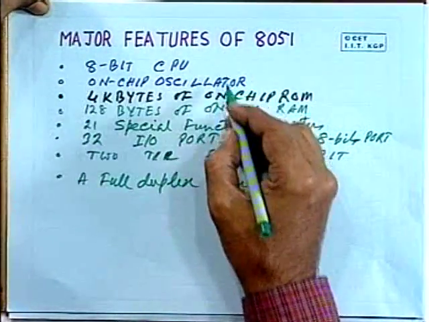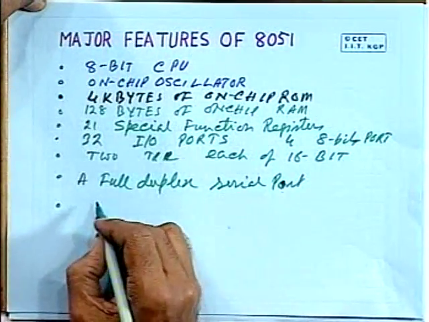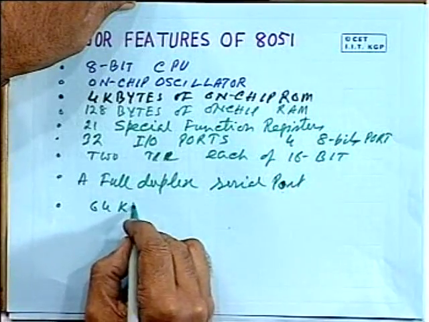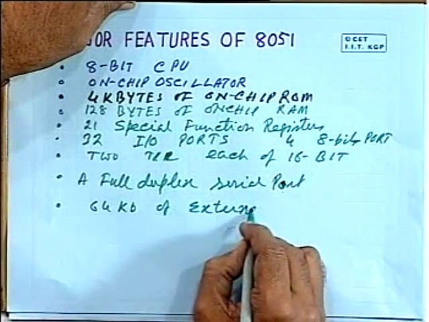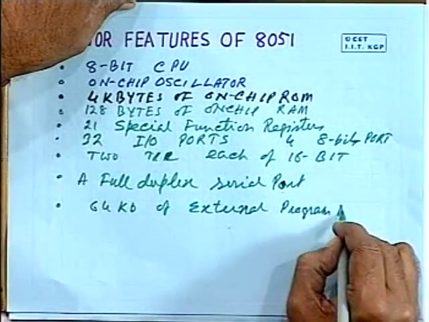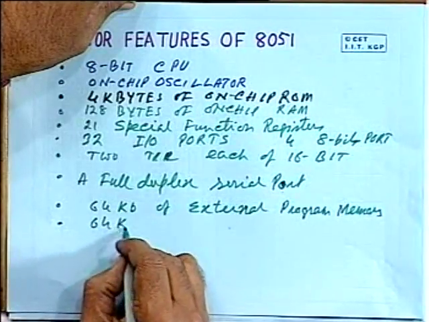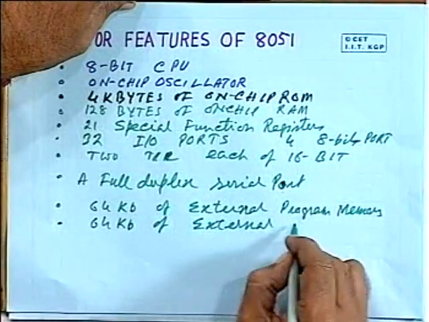Then, apart from what is available on chip, there is a facility for having external RAM and ROM, as you have seen, and that facility can be extended to 64 kilobytes of external program memory and 64 kilobytes of external data memory.